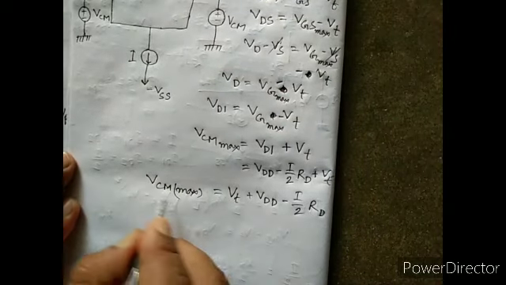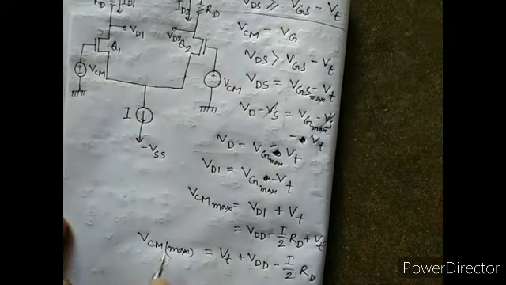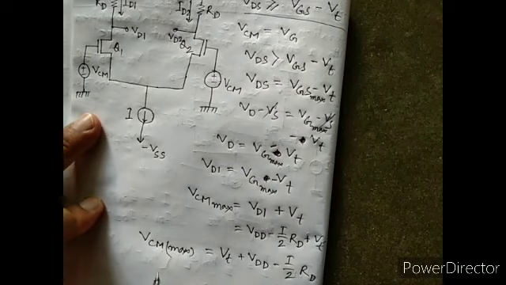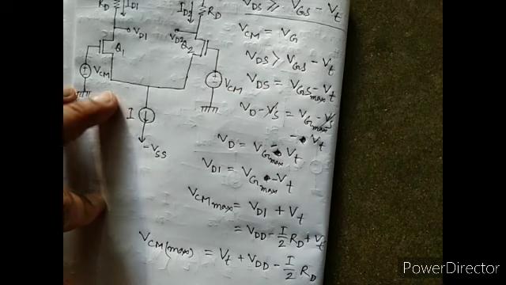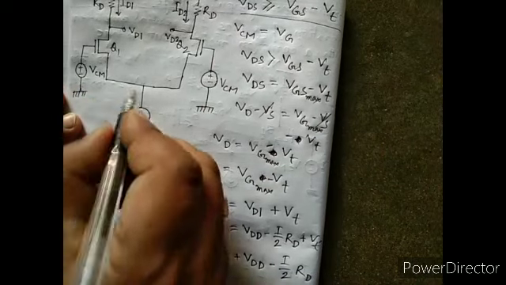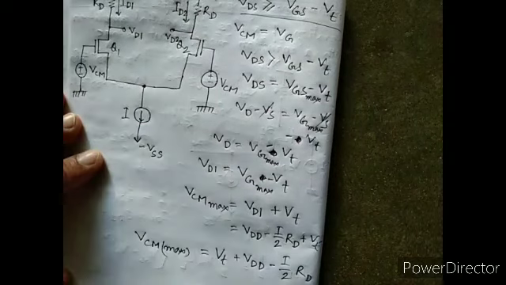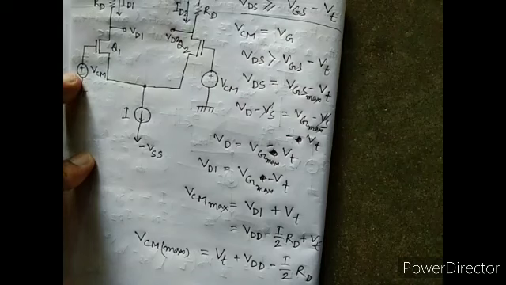Now what will be the minimum of the input VCM, the minimum range? For minimum, we have to find out the source voltage.